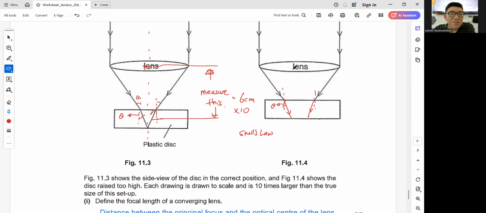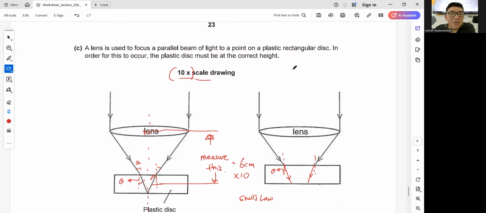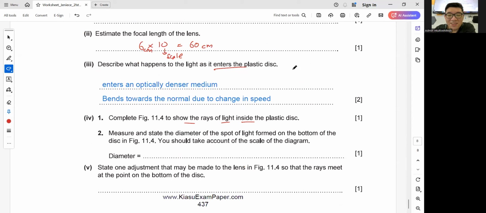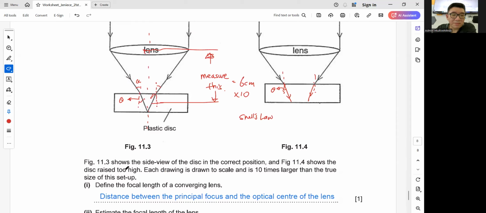Yeah, it's a 1 mark question, but because it's a scale drawing, I will take extra precaution with this. And there's a diameter here as well. So you need to find an angle. What do you do here? Use n equals sine i over sine r. Find the n first. Then find this angle and use the same formula to find r.